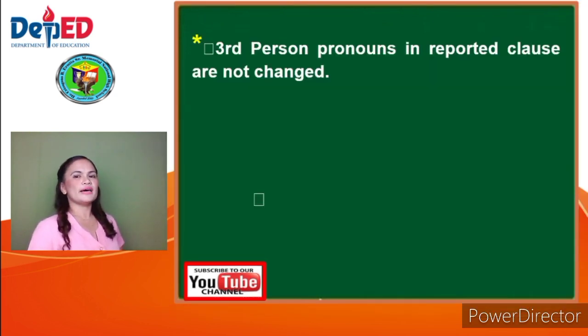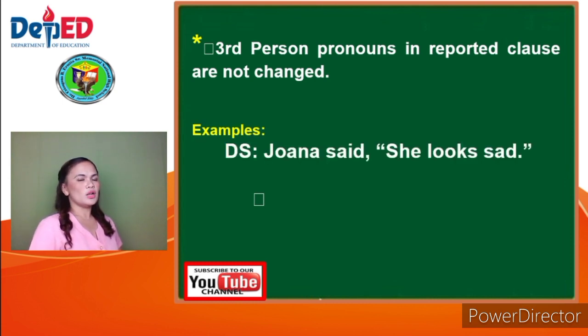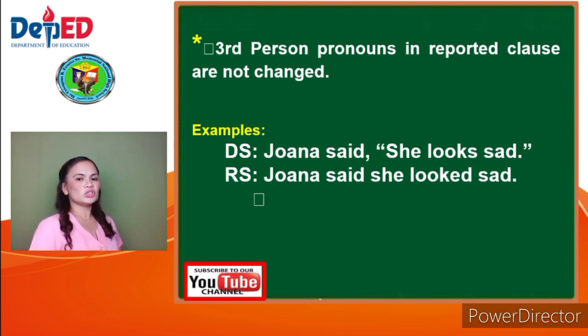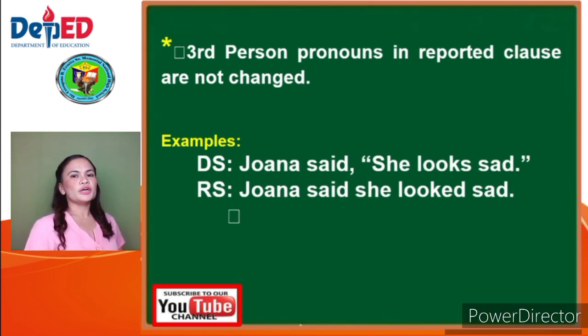Third person pronouns in the reported clause are not changed. Example. Direct speech: Joanna said, "She looked sad." Reported speech: Joanna said she looked sad. The third person "she" is still used when changed to indirect or reported speech. It can happen because in this example, we are not sure whom Joanna was talking about.